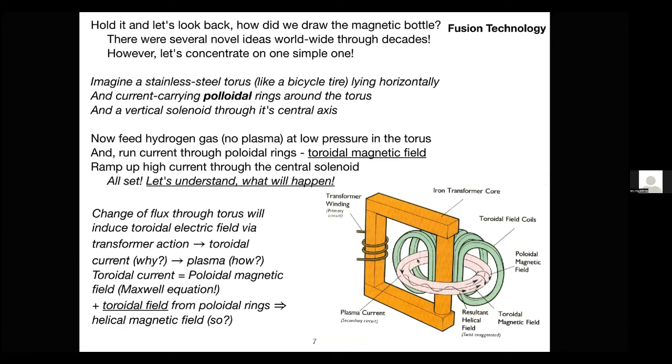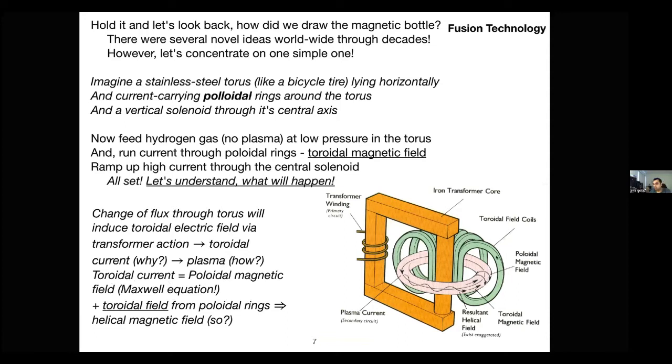The electrons will gain momentum because of the EMF. They will create further ionization, an avalanche, and they will create a plasma. Further collisions and ionization keep going, and this will create a plasma in this thing. Okay, so we established a plasma.